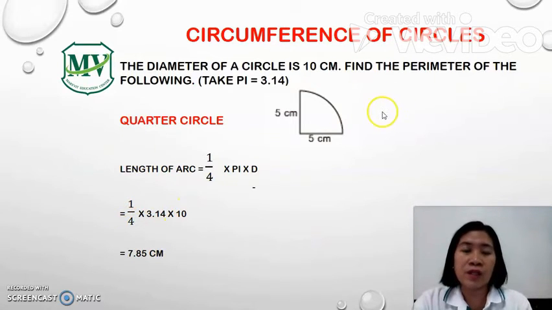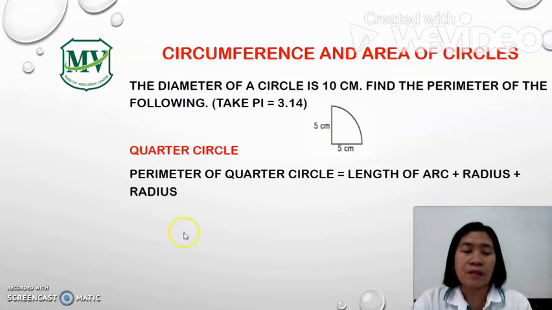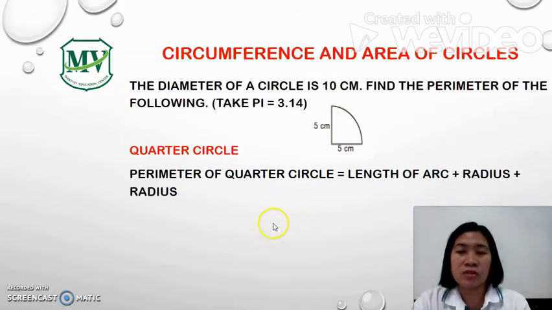Now that we already have the length of the arc, we can now find the perimeter of the quarter circle. The perimeter of the quarter circle is equal to the length of the arc plus the radius plus the radius. The length of the arc is 7.85 centimeters. The radius is 5 centimeters and this radius is also 5 centimeters.